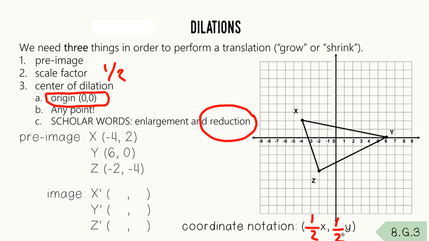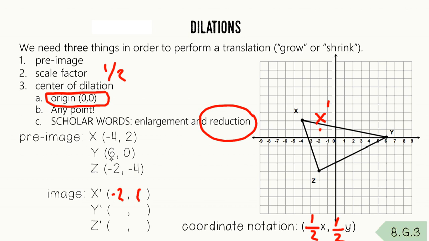We're going to multiply our y coordinates by 1/2. So half of -4 is -2, and half of 2 is 1. So my new x, called x prime, will be located at -2, 1. And I'll label it x prime.